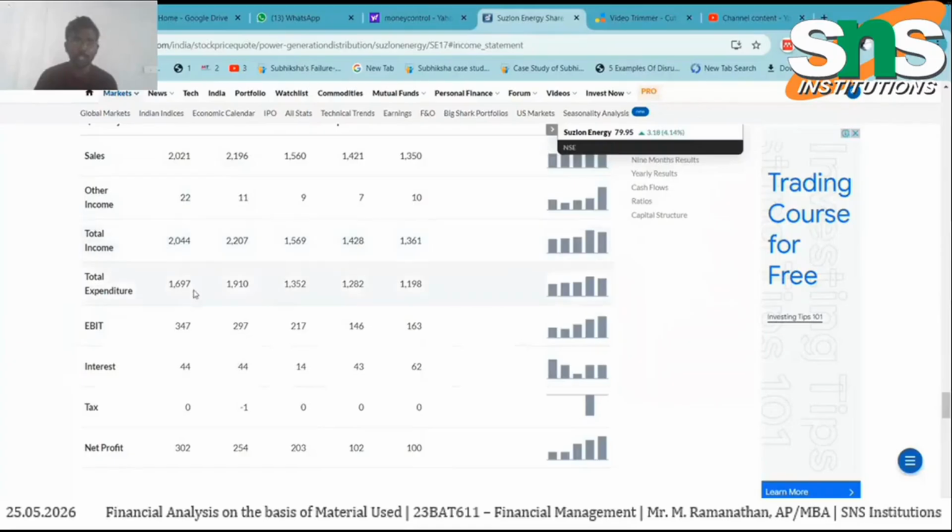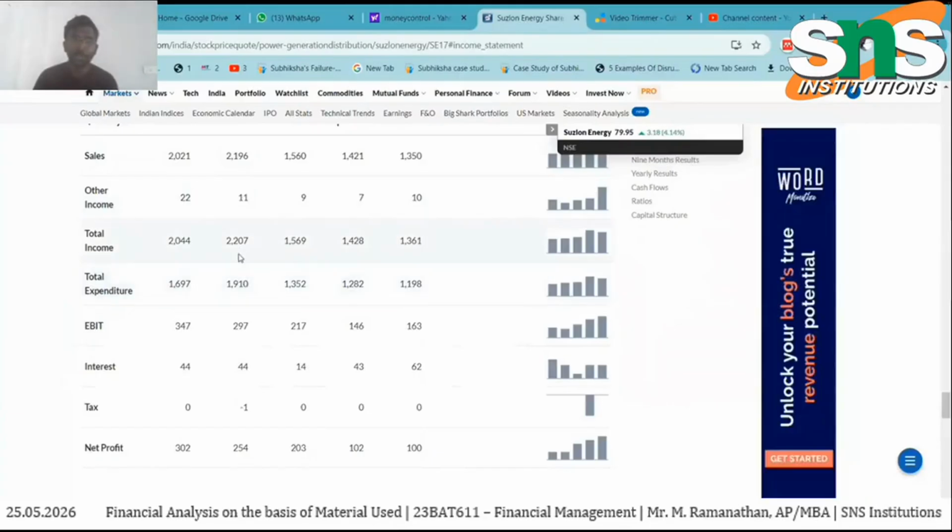When put together compared to the previous time, total income is less. But the good thing the internal analysis has done is this: previously the expenditure was high, 2200, but this time the total expenditure is reduced.